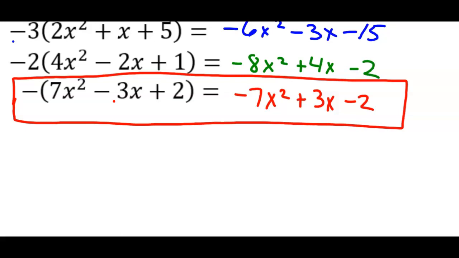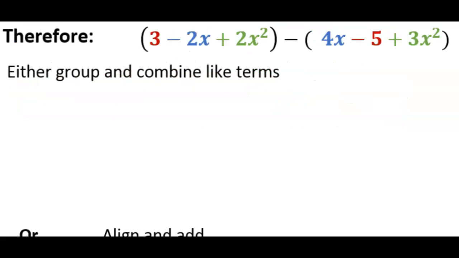This here, what would we say? This is related to this how? It's the opposite. Exactly. So when I multiply by this imaginary negative 1, I have made this the opposite, right? And I had to make all 3 terms opposite. Yes? Okay? When we are doing subtraction, we are going to not subtract.